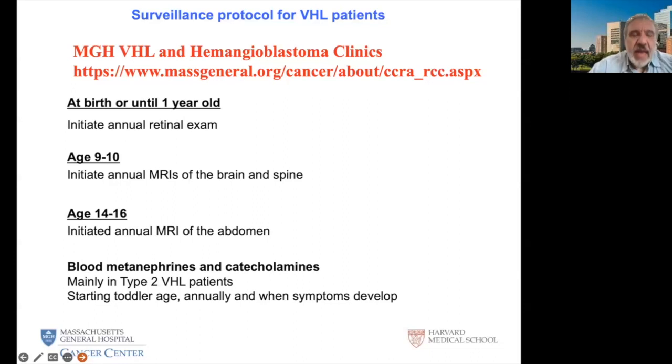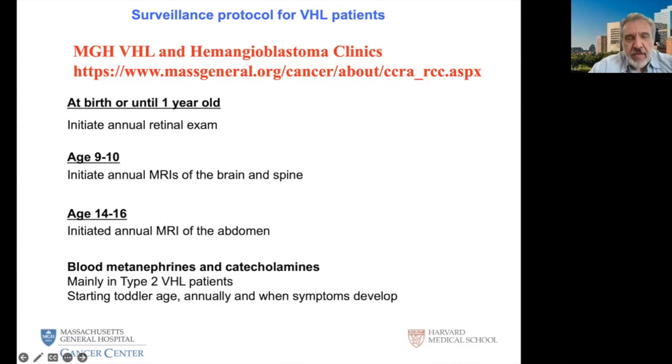It's extremely rare, but after they reach 1 year old and thereafter, we have yearly retinal examinations by the ophthalmologist. Around the age of 9 or 10, I start doing MRIs of the brain and the spine. If they're completely clean, I don't do them yearly, I do them every 2 years. But this is the time that they may develop hemangioblastomas.